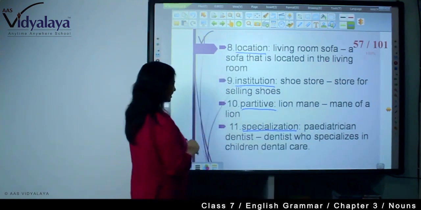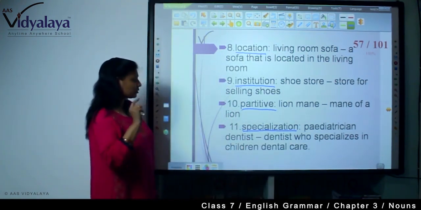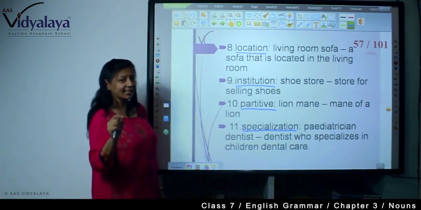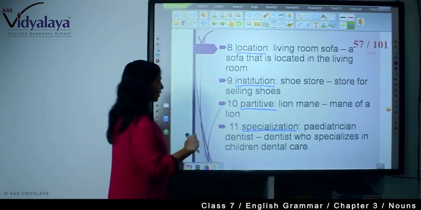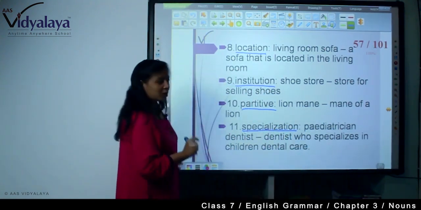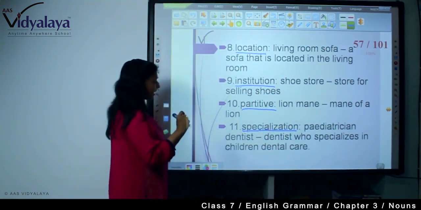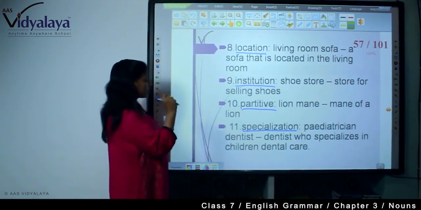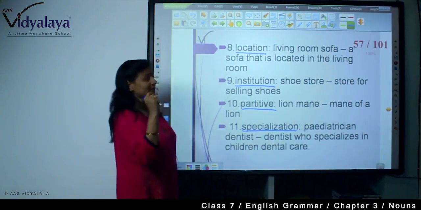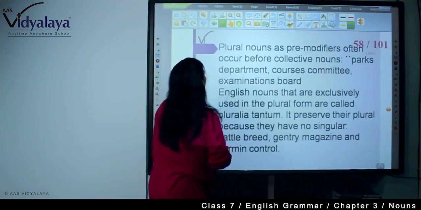Specialization, pediatrician, a dentist who specializes in children's dental care. So we are saying pediatrician, a dentist only for children's dental care, right? So these are the things for specialization. All these contents are here for which we use attributive nouns.